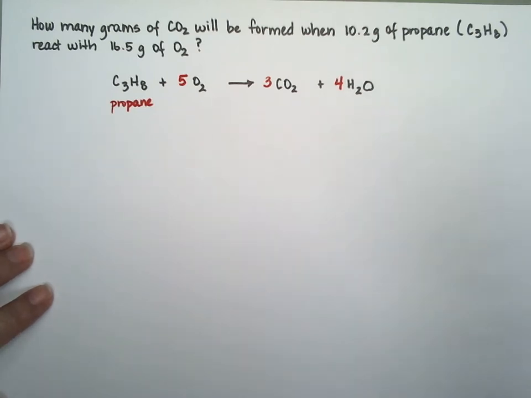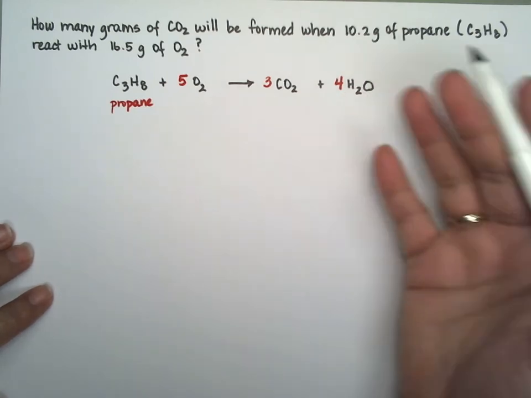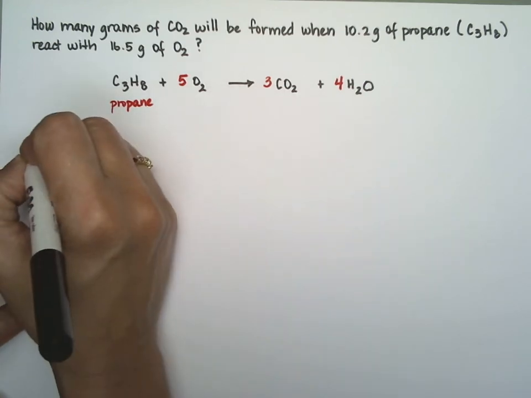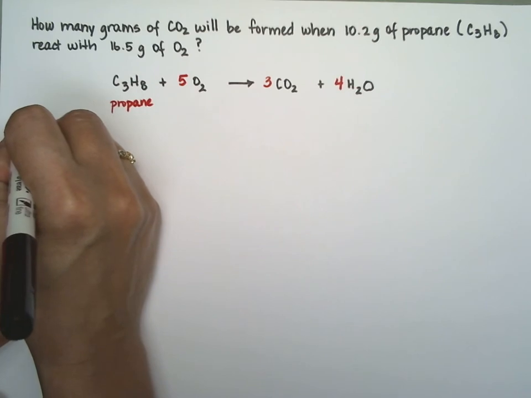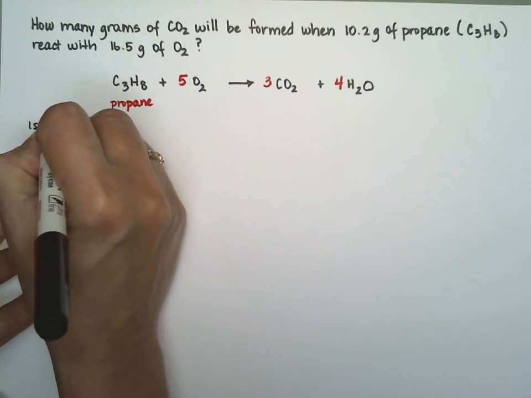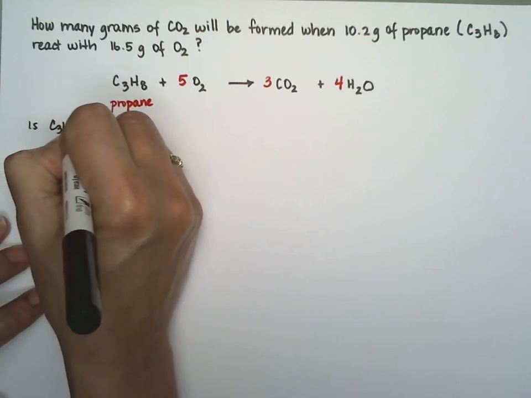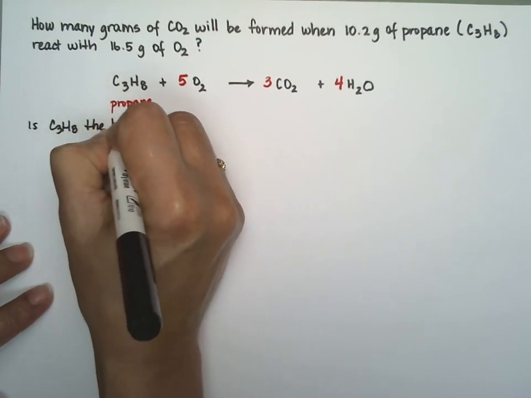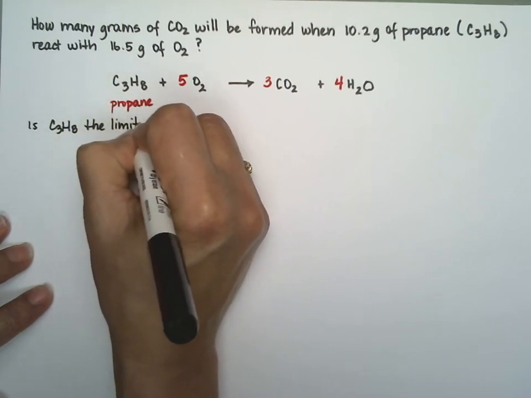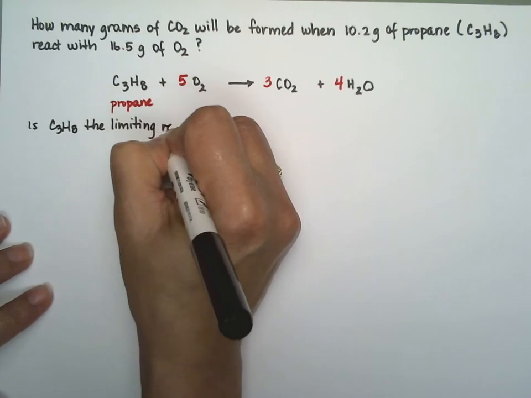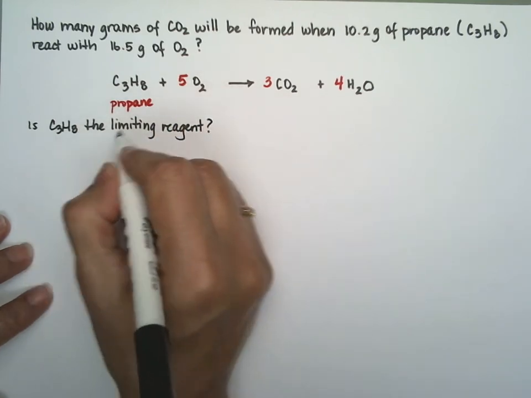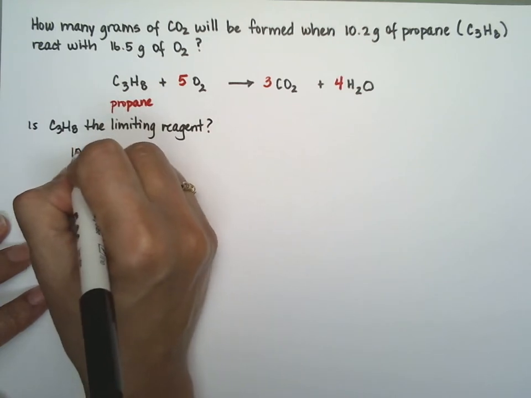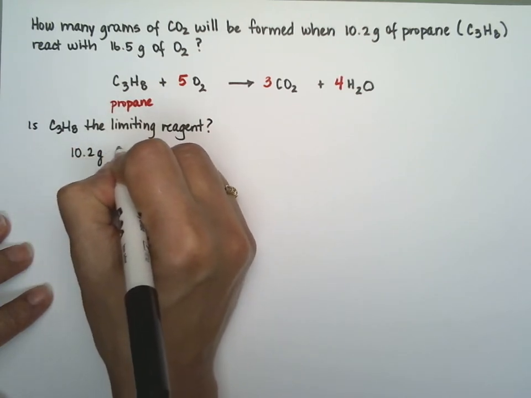The second thing I do after I balance the reaction is that I need to know which one is the limiting reagent. So let's start with, is propane the limiting reagent? Well, they gave me 10.2 grams of propane.